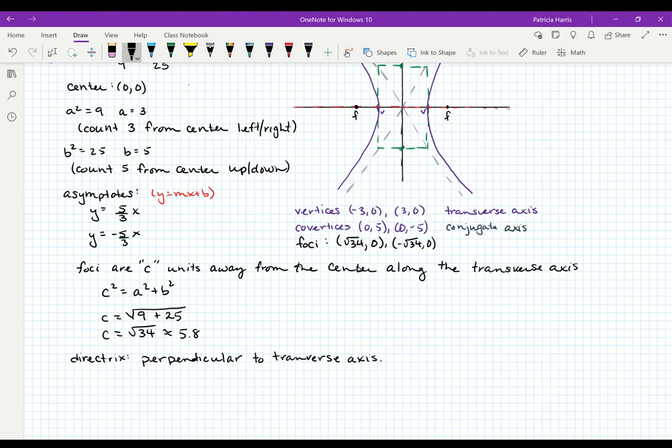How we find that is we use the formula d equals a squared over c. Be careful with this formula, it's very easy to get confused. This is the distance from the center to the directrix. Remember, there are two of them, not just one.